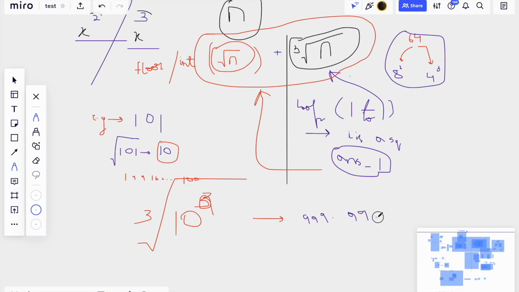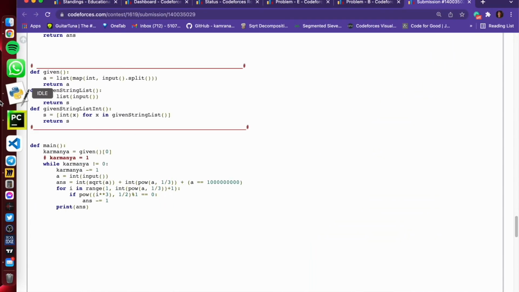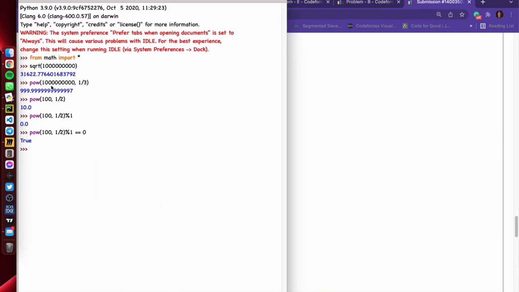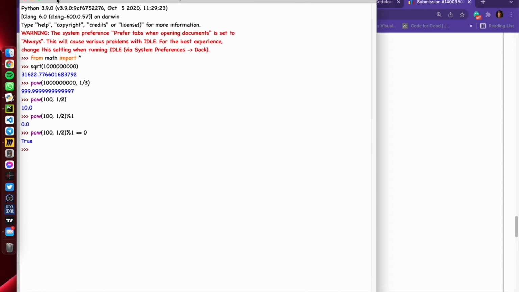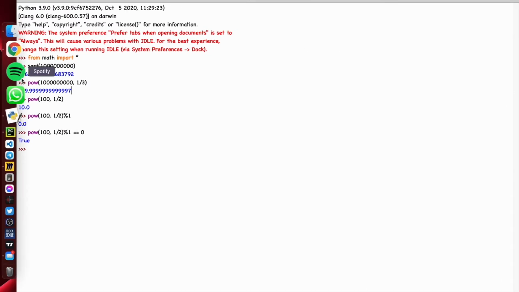It was not exactly 1000, not exactly 10 power 3. Let me show you. See, this is what it was giving me. By the way, it's the Python IDLE. If you are new to Python, you can directly execute single statements from here.